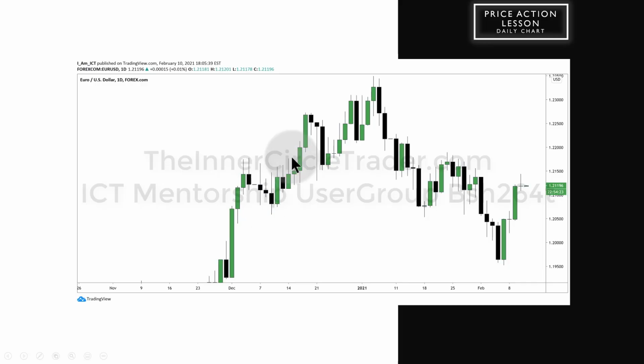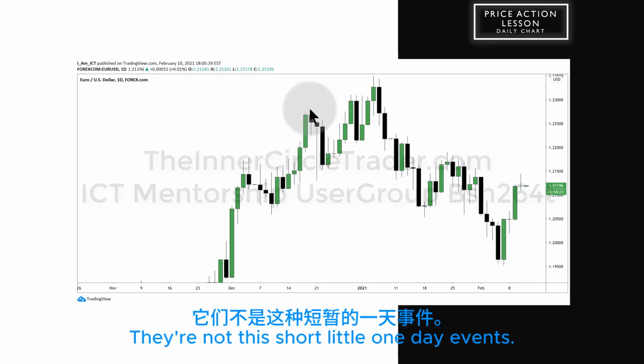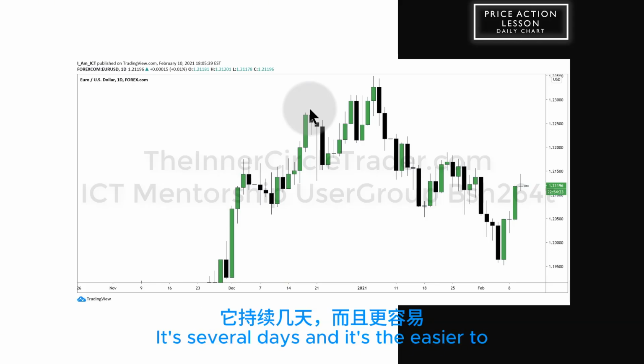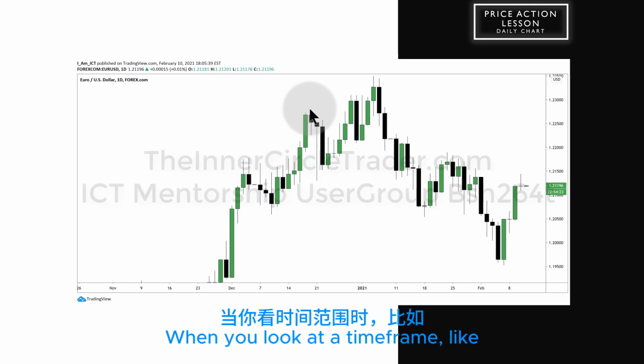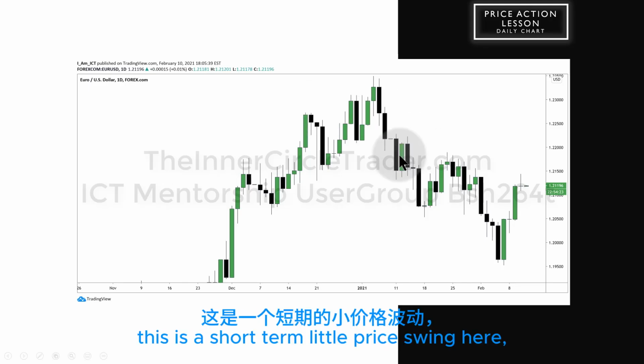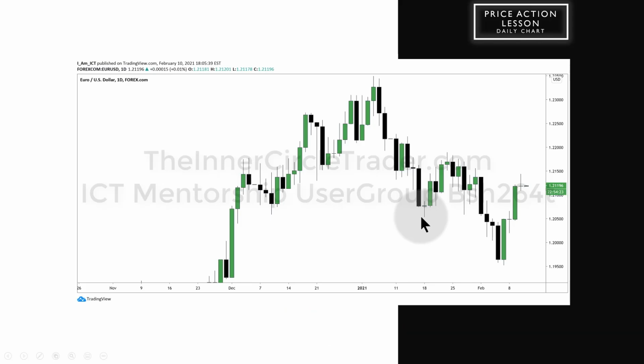This to here and here is an intermediate term price swing. They're not short little one-day events. It's several days, and it's easier to notice price swings when you look at a time frame like this. This is a short-term little price swing here, whereas from here to here is intermediate term. So it's all market structure.